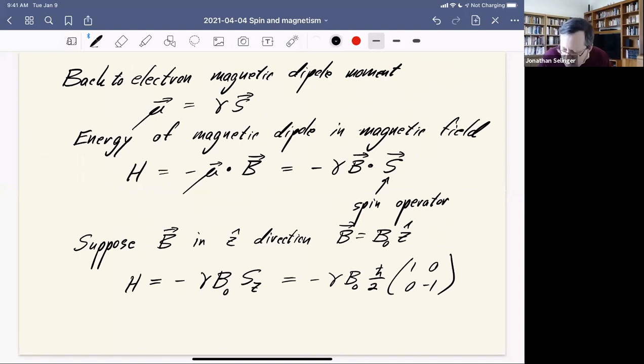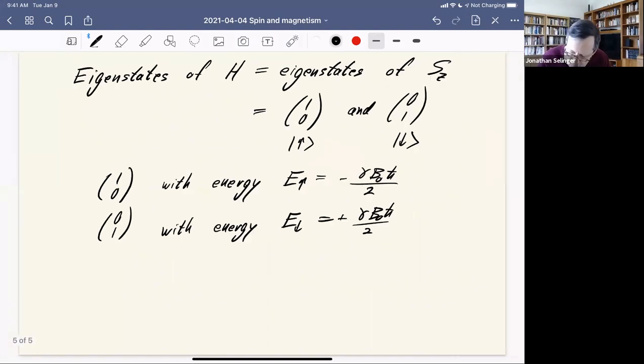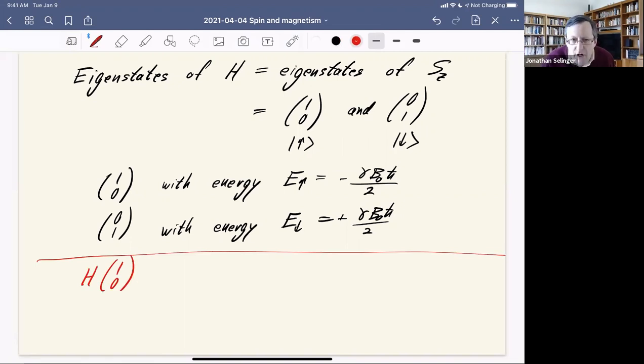If we have the Hamiltonian acting on 1, 0, that means negative gamma B naught h bar over 2, times the matrix 1, 0, 0, minus 1, acting on 1, 0.